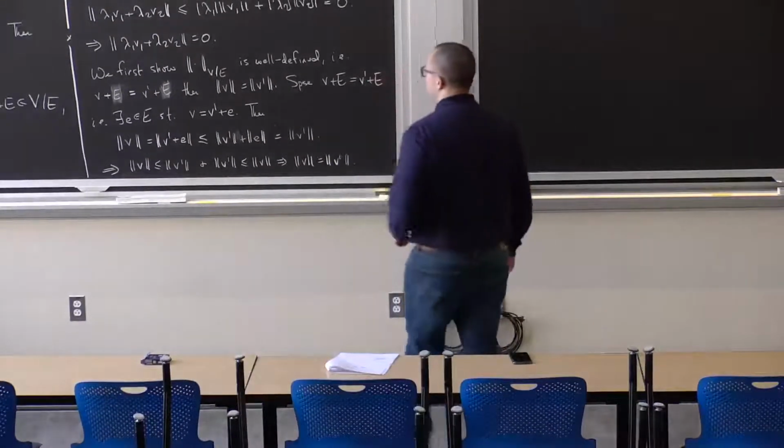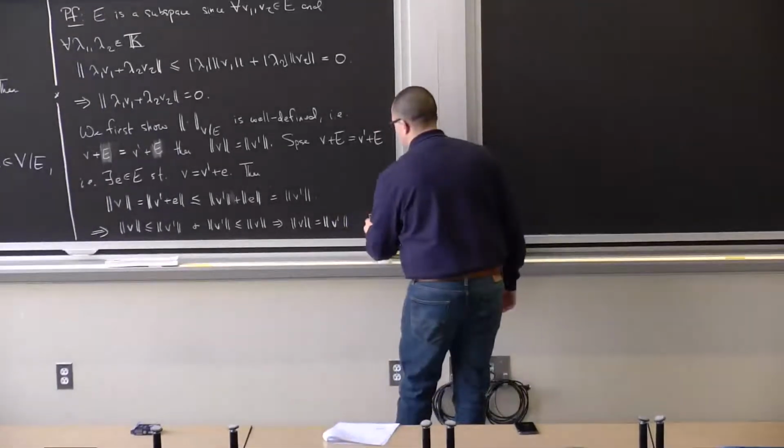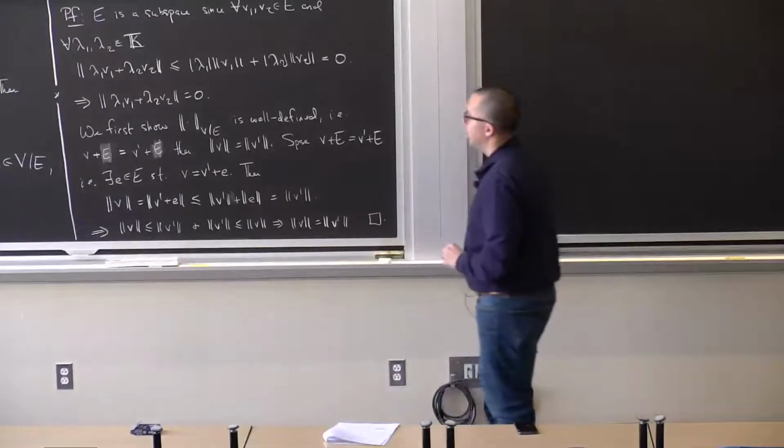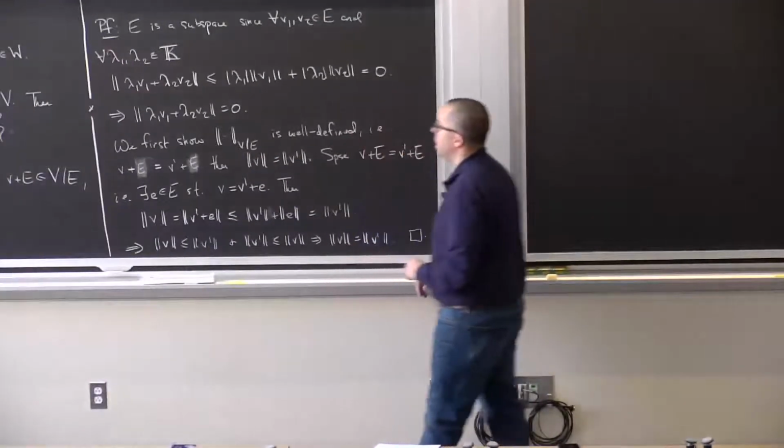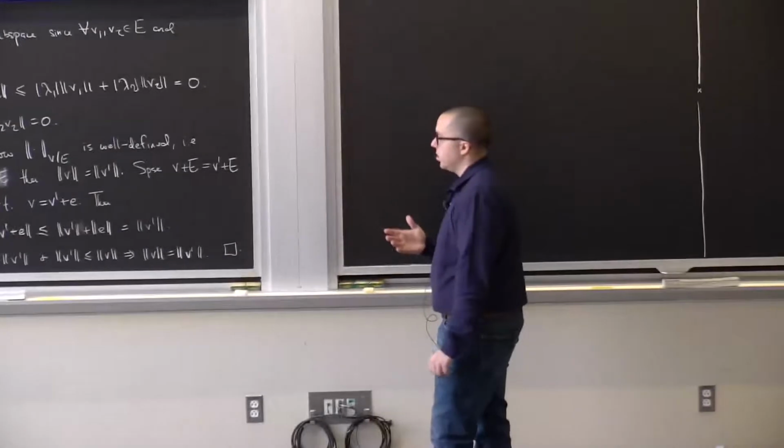And so I'm going to leave it to you now to check that this function, which is well defined on V mod E, does in fact satisfy all the properties of a seminorm.